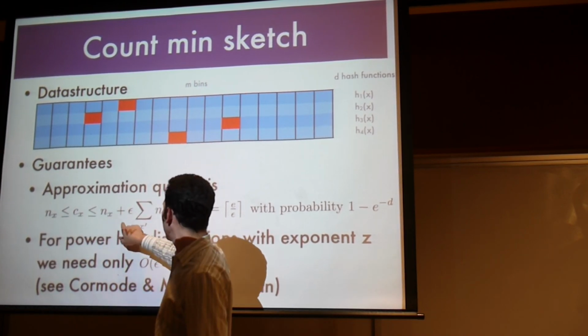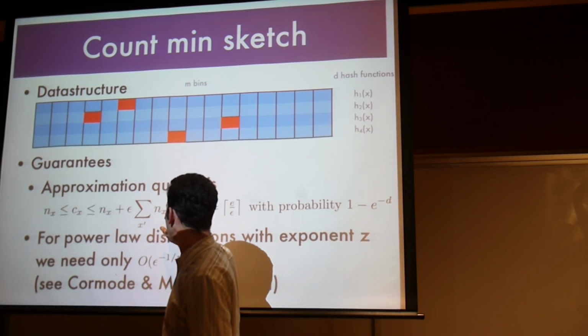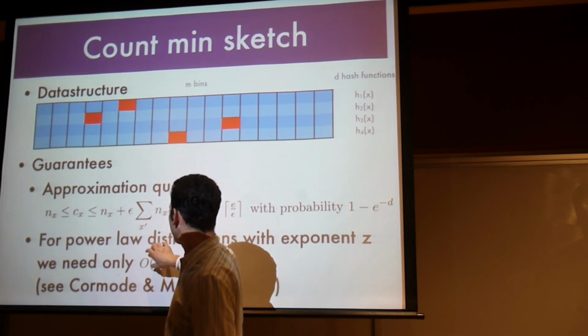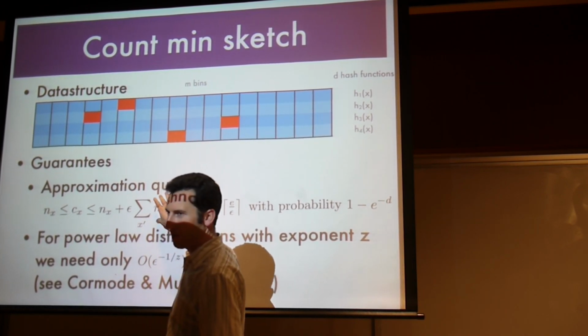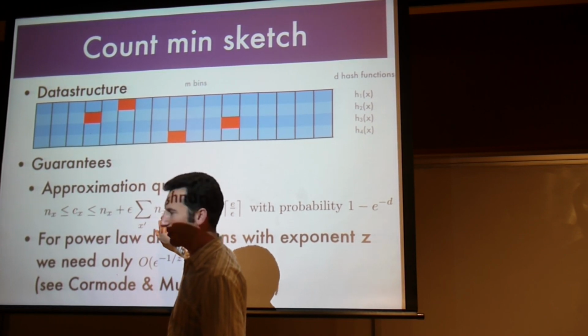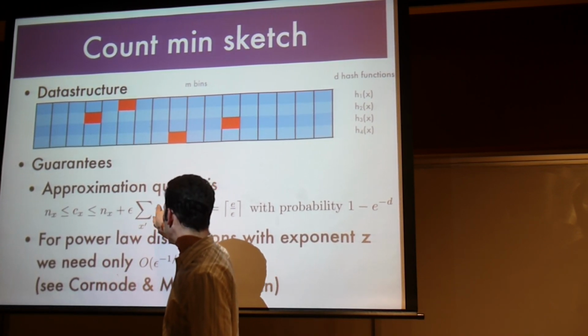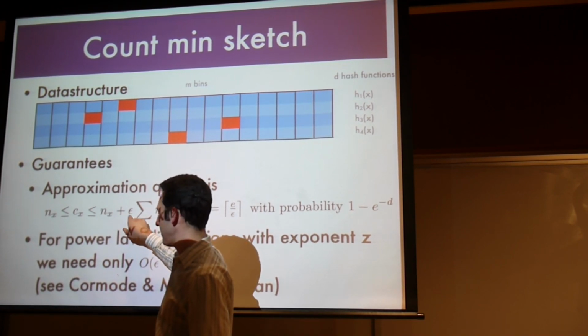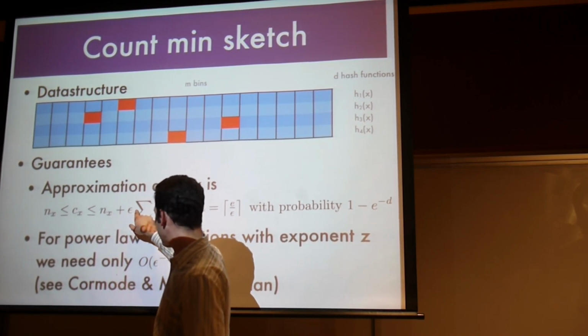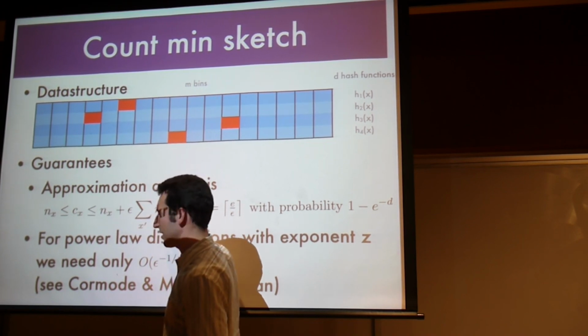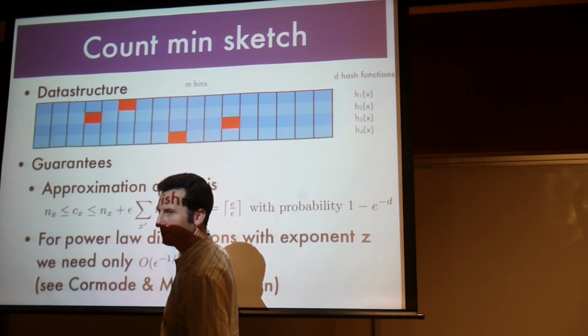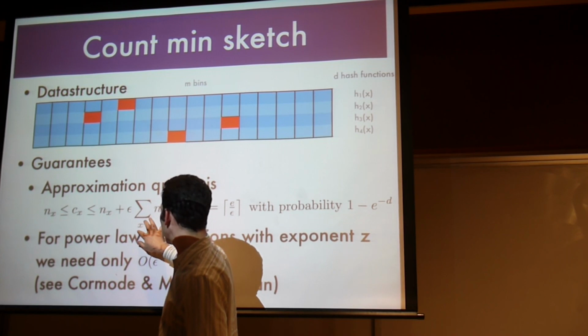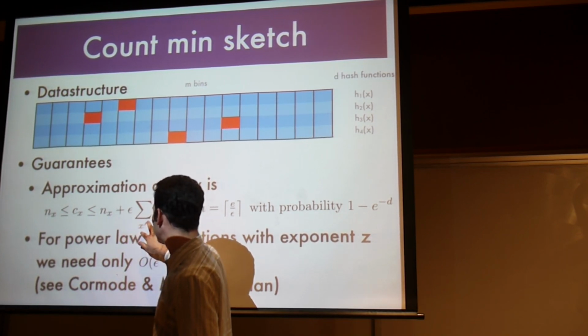The upper bound is a little bit less immediate. And so I'm just going to walk you through that proof again to make sure that everybody's cool with the proof itself. But what it really means here is the upper bound is the actual count plus epsilon times the total number of symbols that I've inserted so far. So that's a good relative accuracy bound.